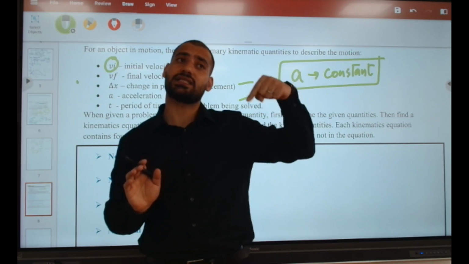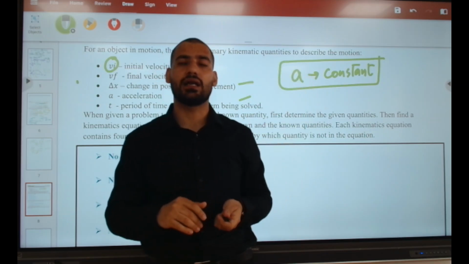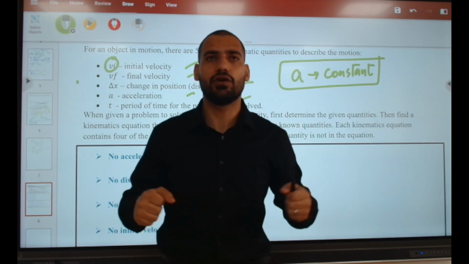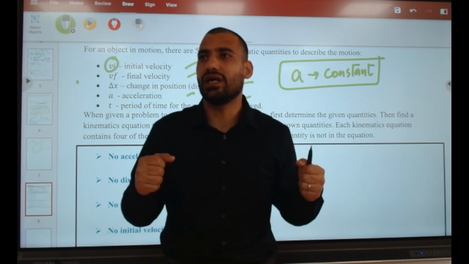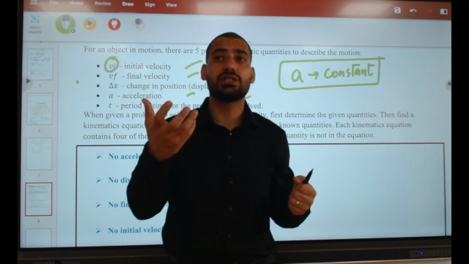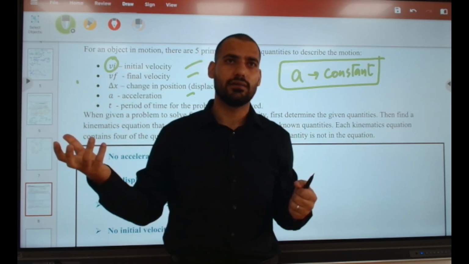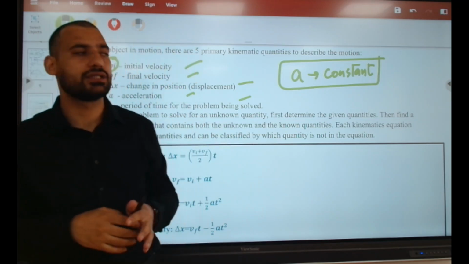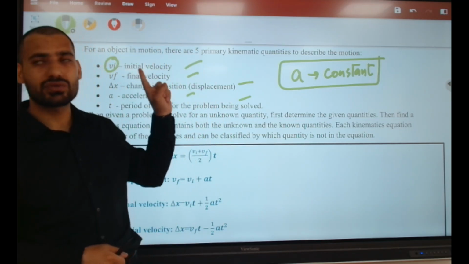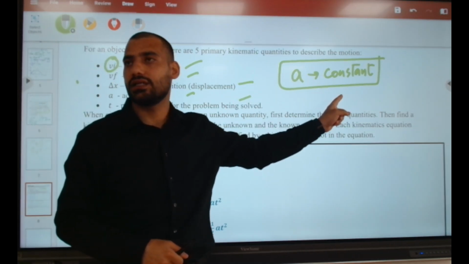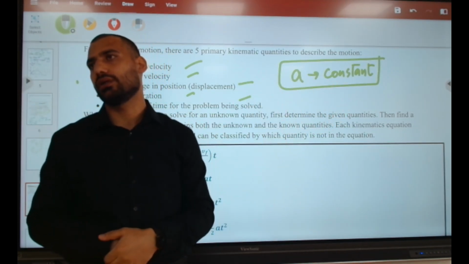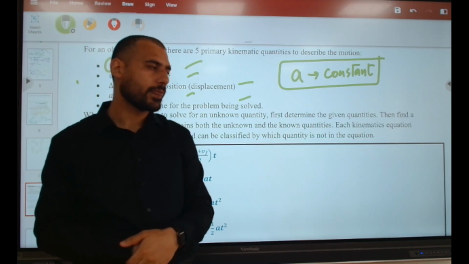Because if there is a change in acceleration, for example, you are in a car and all of a sudden the brakes are applied. What do you observe? You get a jerk, isn't it? What is a jerk? It is a change in acceleration. And we cannot incorporate that jerk in these equations. Okay? So remember, whenever you want to use kinematic equations, acceleration of the system has to be constant. If it is not constant, we cannot do it. Clear? Okay.